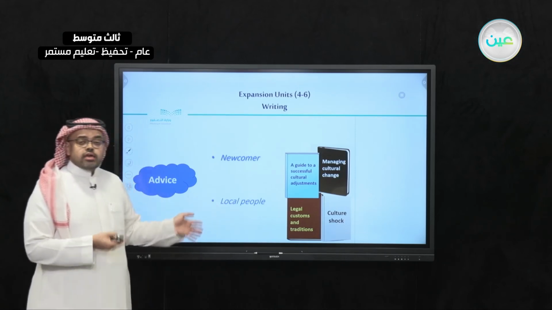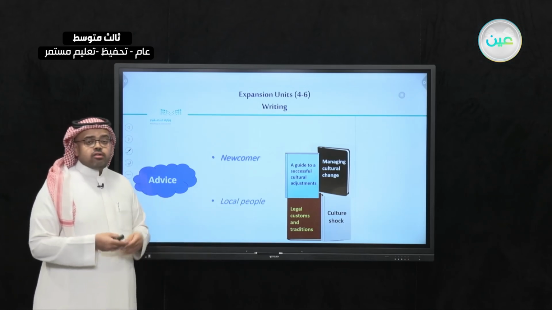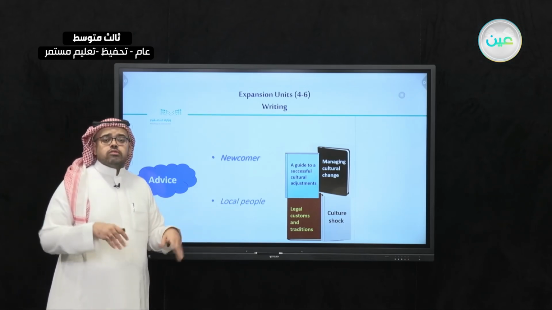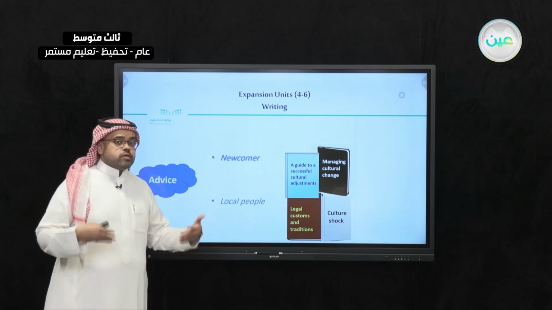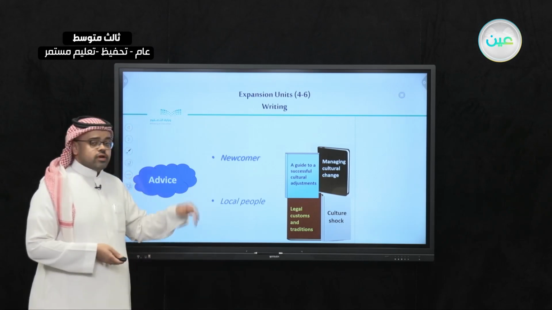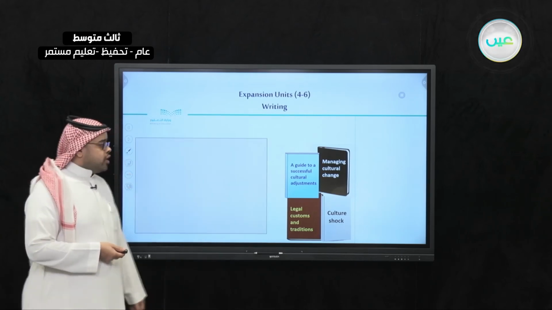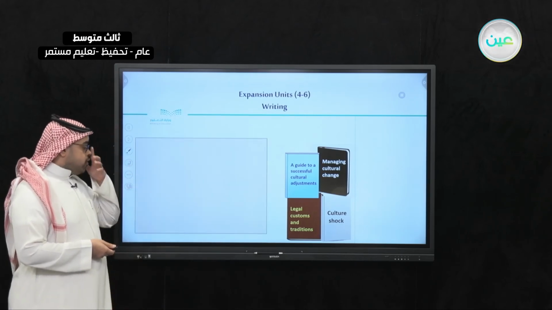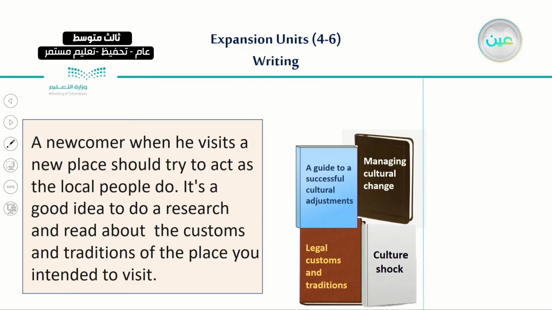So here I'm going to write you a sample, and these are only a few sentences. You can, of course, write more about what kind of advice we should give to a newcomer and also to the local people. The first advice I would give to a newcomer is the following.